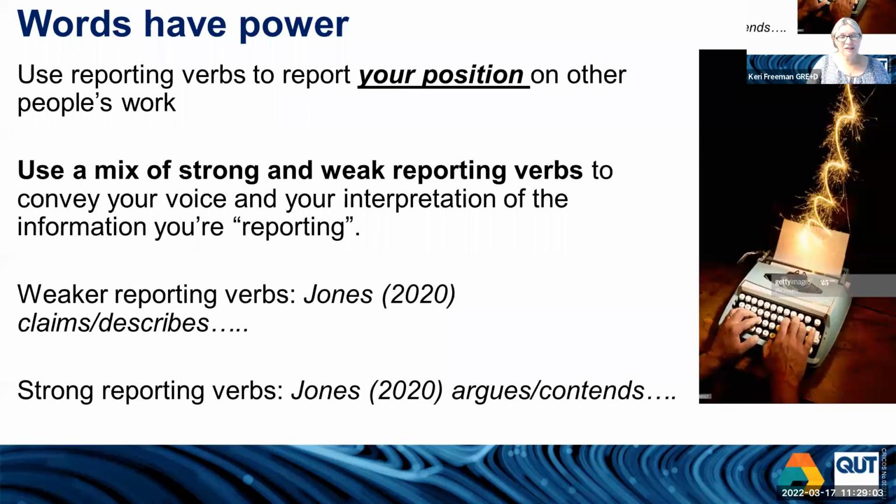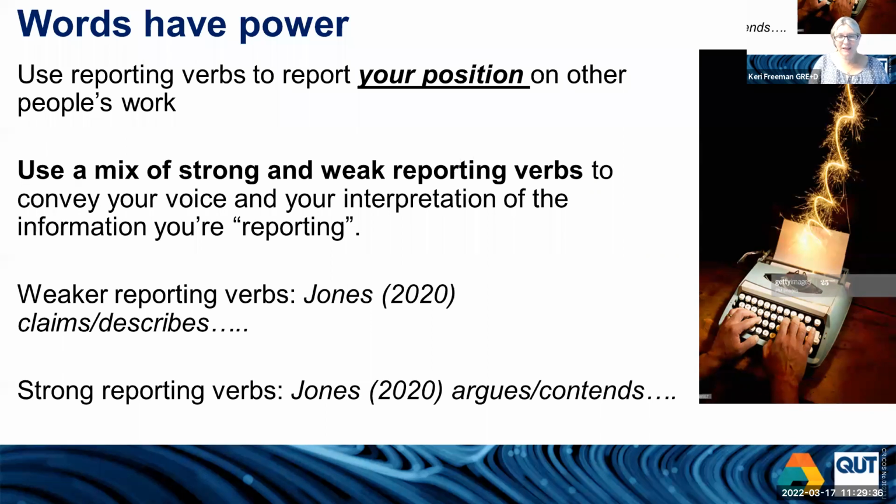So you're using these verbs to report your position on other people's work. When we're talking about critical voice, the reporting verb that you choose puts forward what you think of what the literature is saying or what the author of that study is saying. So I want you to use a mix of strong and weak depending on where you stand to convey your voice. The weaker reporting verbs are things like claims, describes.